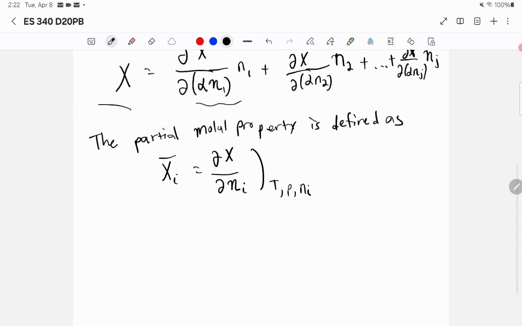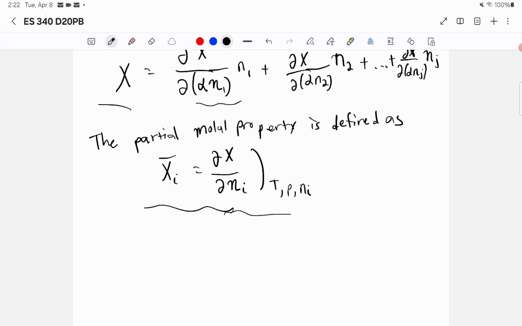So this is going to be the partial mole quantity for a particular thing. So it could be the partial volume. It could be the partial mole volume, right? It could be the partial mole internal energy, and so on. All of those things will have these partial mole quantities, which are related to the partial derivative of that quantity with respect to the number of moles of that component, right?